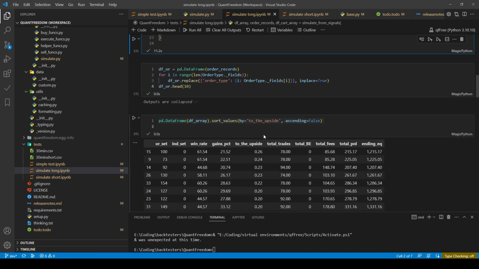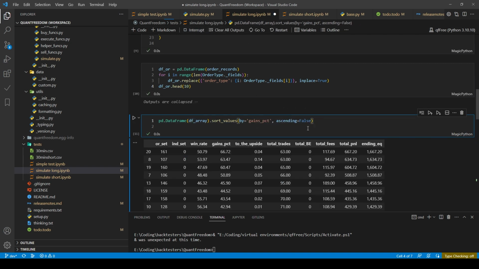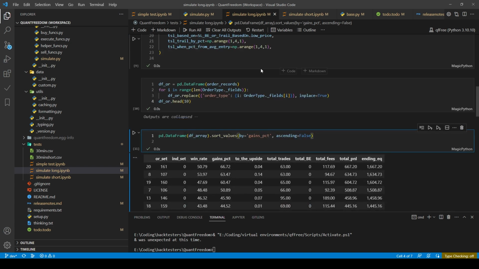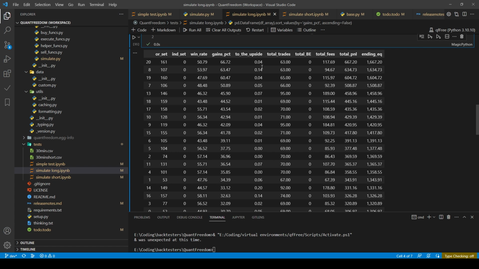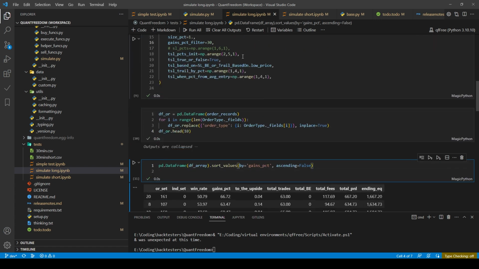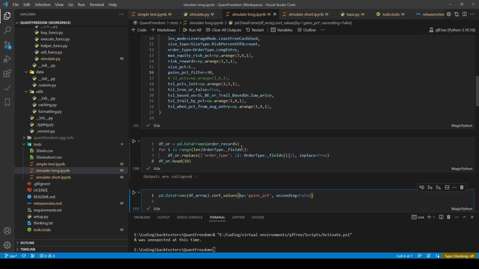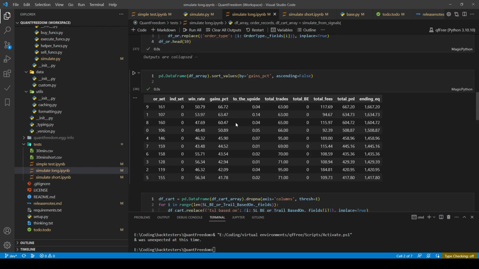I should probably get some order of gains percent so that way I can actually see what the fuck. Did it really go that fast? So we'll do 40. Super fast.